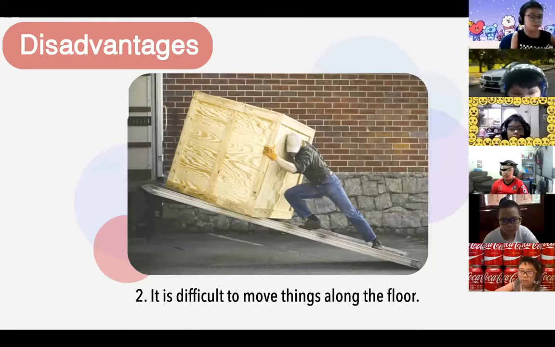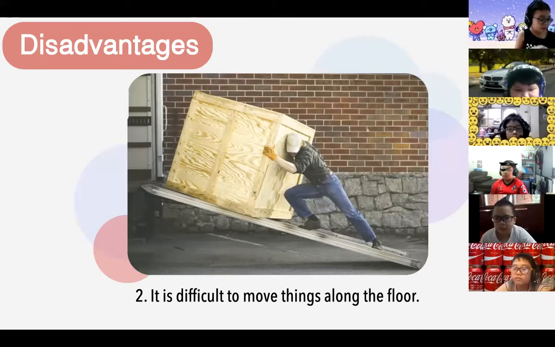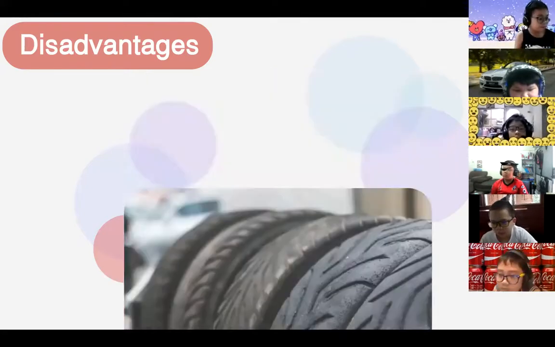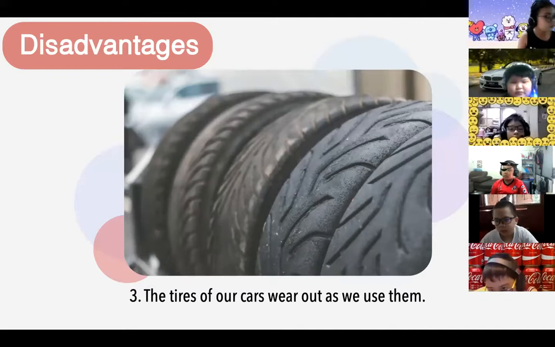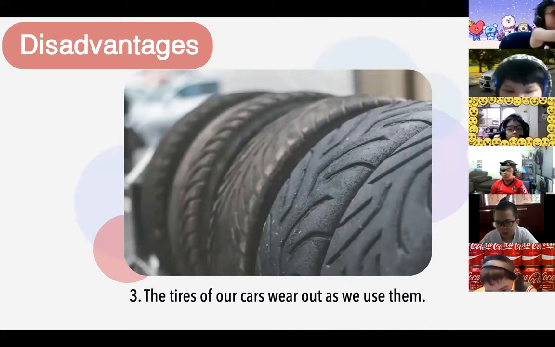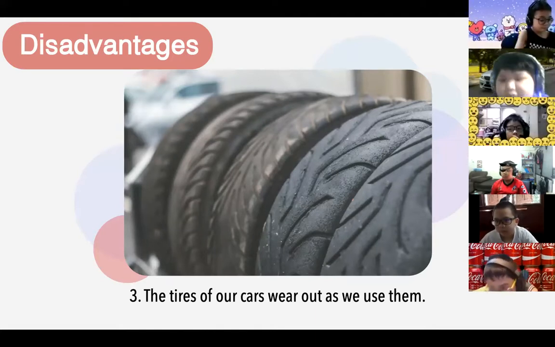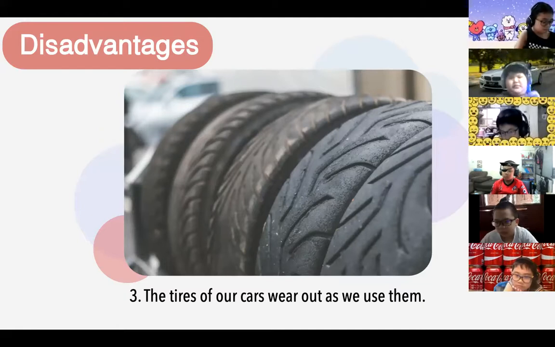This object is heavy, so pushing it is slow and hard. The next disadvantage is that the tires of our cars wear out as we use them. The rubber pads for these car tires wear out also because of the friction force with the wheels and the floor.